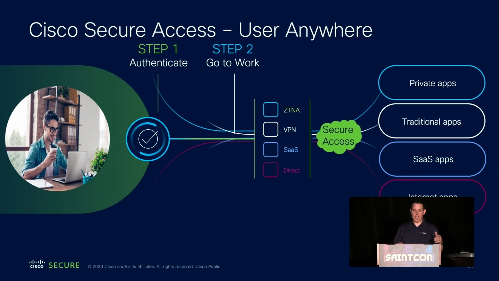It's enabling the fact that whether you're going to use zero trust network access with those borderless apps, whether you're going to force a VPN, whether you're doing a SaaS application, whether you're on a wired connection, or whether you've got a direct connection, direct app, it's going to make sure that we extend that trust and security, not just to our zero touch apps, but all of these things.